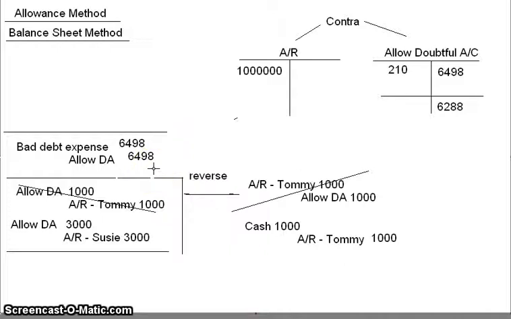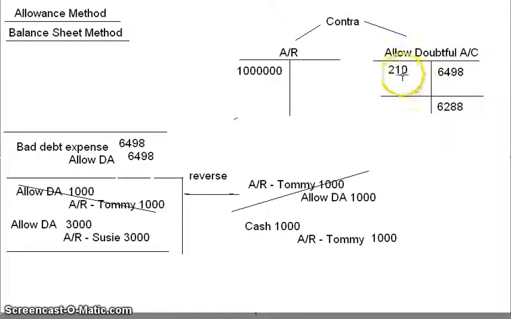If you're using the balance sheet method, then you do care what's in the allowance for doubtful accounts before you begin. If you're using just the income statement method, then you're simply taking a percentage of sales and multiplying that to come out to your allowance for doubtful accounts number. You don't care in the income statement method if there are numbers in there from previous years.